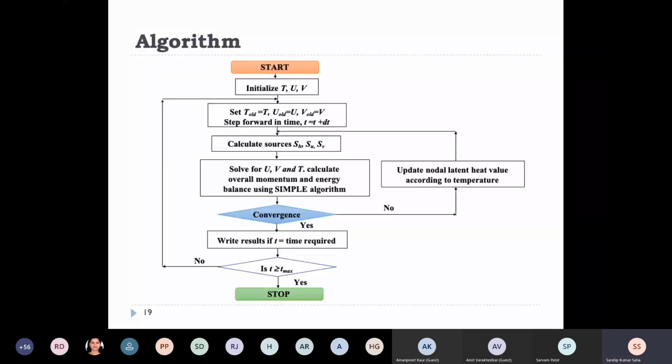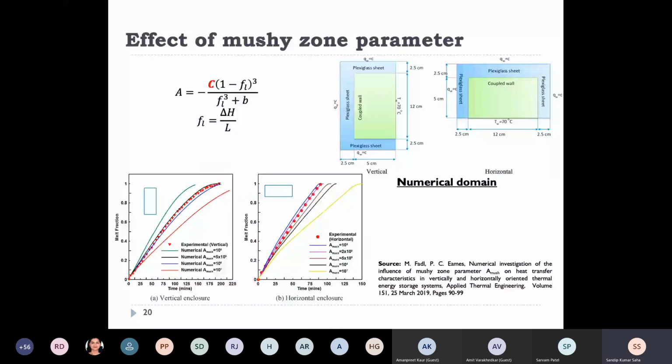Now as I told you, C has some role. Recently people have shown that if you change the value of C, it will change the result. Normally that value is in the order of 10 to the power 6; normally we take 1.6 into 10 to the power 6.